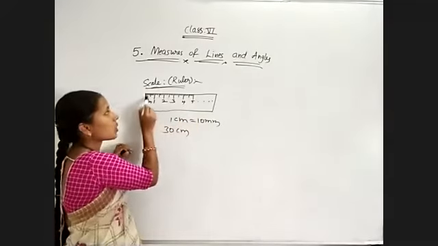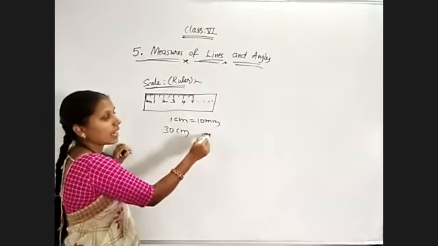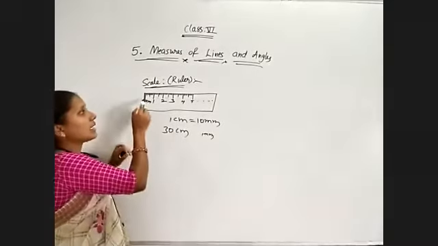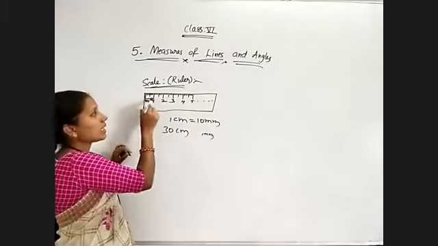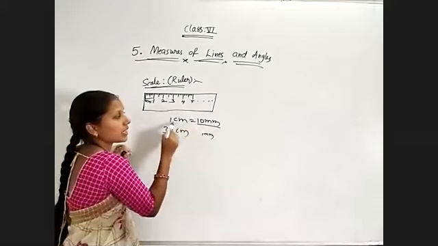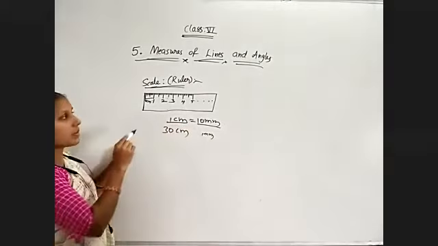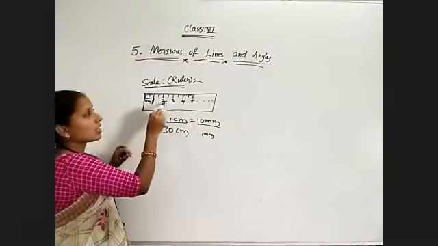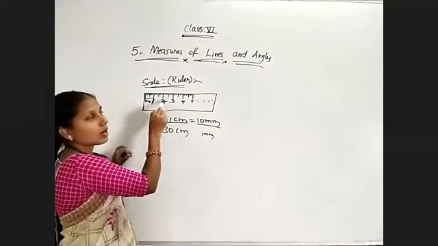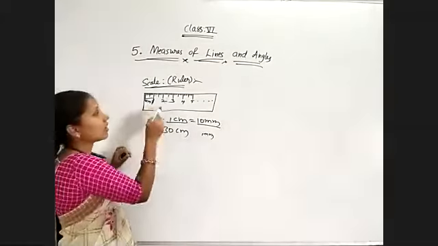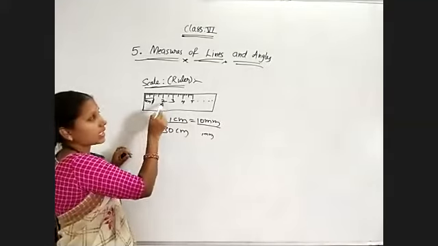So here each smaller line indicates 1 millimeter. Okay, and from 0 to 1, this complete length is equal to 10 millimeters, which is nothing but 1 centimeter. That's why we have 1. And from 1 to 2, again 10 millimeters, that is 1 more centimeter. So total 1 plus 1, 2 centimeters.